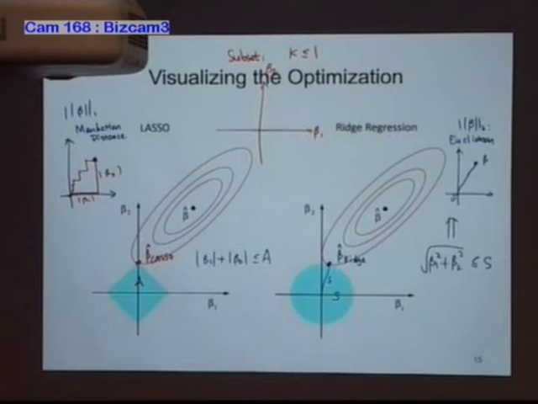So you can choose a point on this line that forces beta 2 to be 0 and beta 1 to be non-zero, or you can do this line that forces beta 1 to be 0 and beta 2 to be non-zero. Or both are 0. But anyway, at most 1 of the betas is non-zero. So you are forcing yourself to choose between beta 1 and beta 2. That's the subset selection.